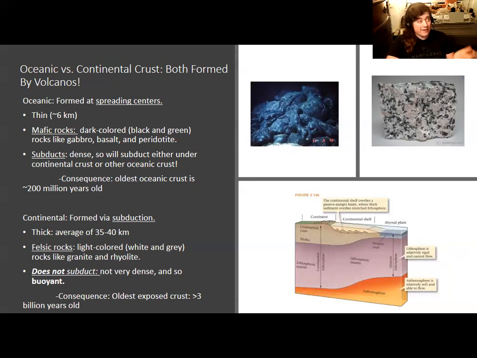Once made, it can't really go anywhere, and over geologic time, actually the amount of continental crust on Earth has been slowly but steadily increasing. And so the oldest rock on Earth that we have is all continental. We have continental crust from billions of years ago, and we sometimes have fossils from that old, but the oldest unsubducted oceanic crust is only 200 million years old or so.